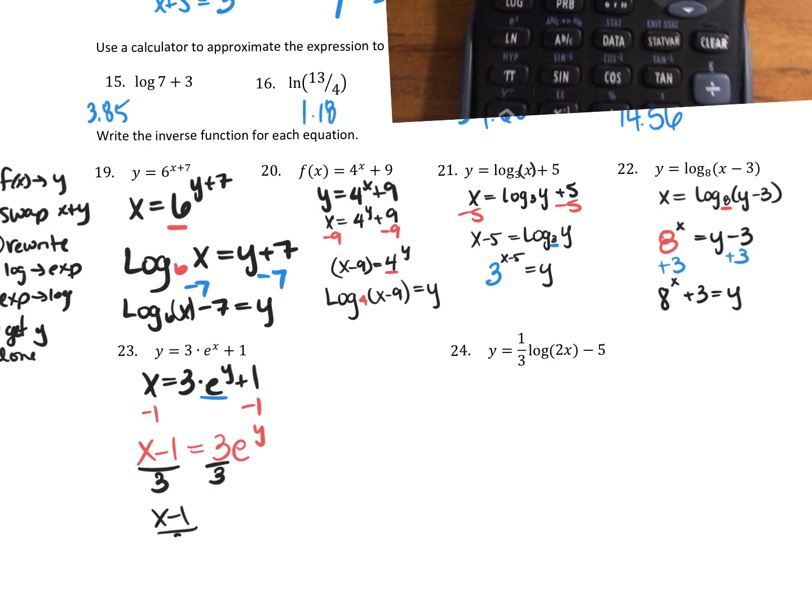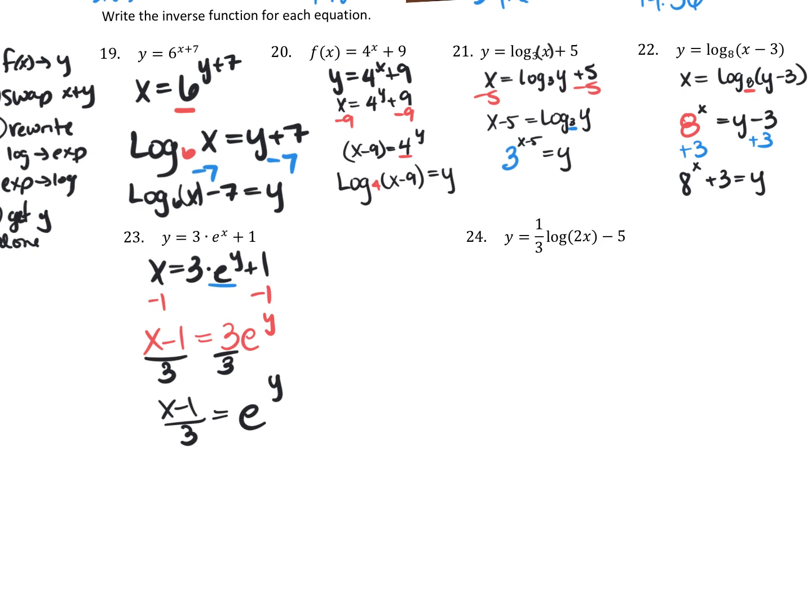X minus 1 over 3 equals e to the y. Now I can rewrite it. The base of my exponent is e, and that becomes the natural log. And what's inside the natural log is the x minus 1 over 3. That equals the y. So what's on the left side goes into the log, and the exponent becomes what it equals.